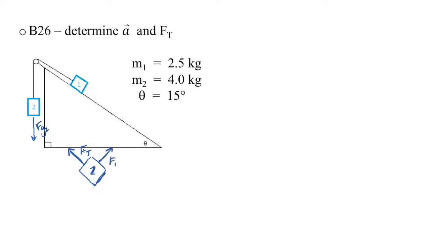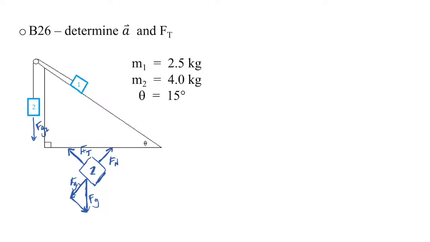So that makes life nice for us, so I don't have to put friction in the other direction. However, I know I do have a normal force going that way, and I know my force of gravity is not perpendicular to the normal force, it's straight down, which means I have to break this into x and y. So there's my y direction, or perpendicular to the incline. There's my x direction, which is parallel.